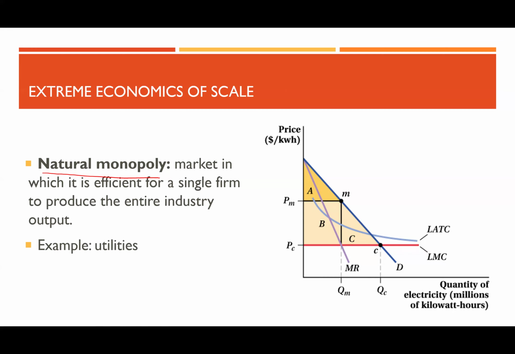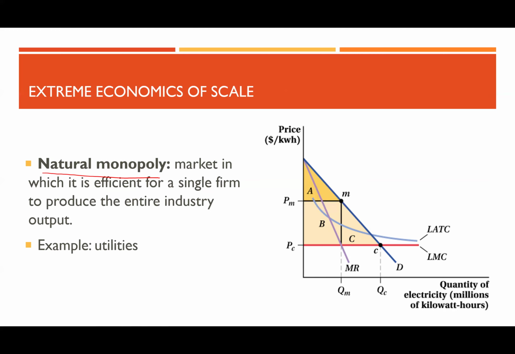An example of this that we see in real life is things like utilities. So if you think about the electricity that services your house, often what's required for that is either laying miles after miles of cables or having them on the electric poles, right, going across miles and miles of land. And so there's a very high fixed cost to servicing a single user of electricity for the electric company, right?